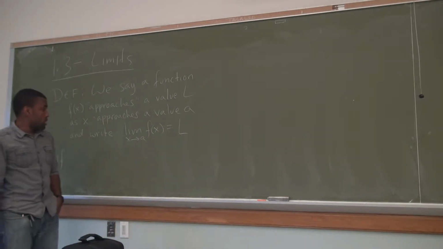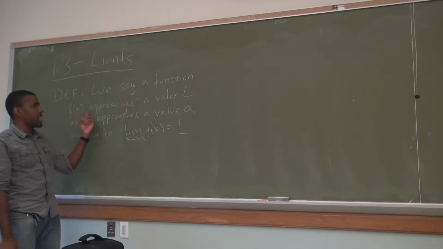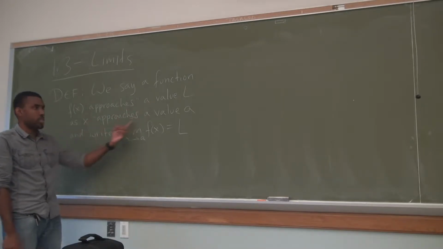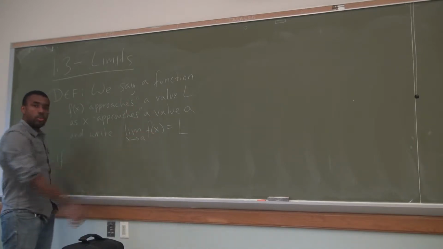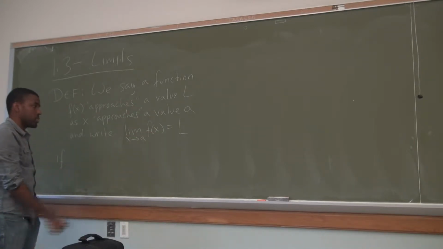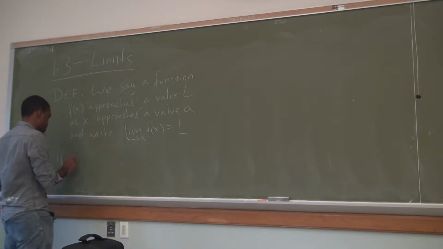So we want to capture the notion of our function getting close to something when our x value is getting close to something else. This is the notation that we'll use to capture that, and this is actually what that notation means.